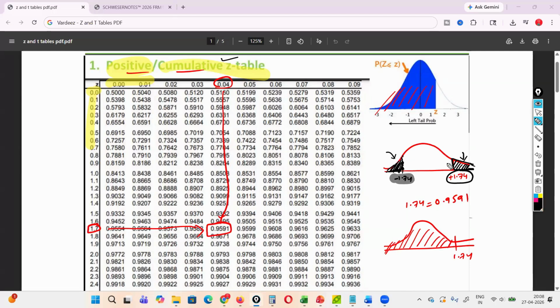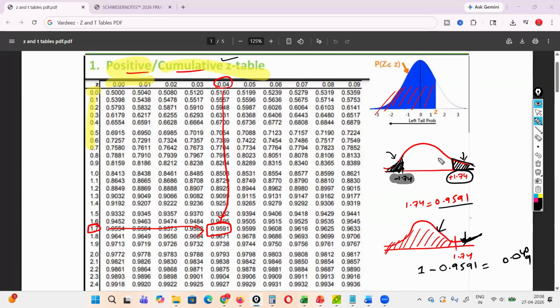But are we looking to find this area or do we want to find this area? Obviously this one, right? So what we do, we know that the normal distribution is entirely 100%. So we just subtract 1 minus this 95%, or 0.9591. And if you just calculate this, you will get 0.0409.